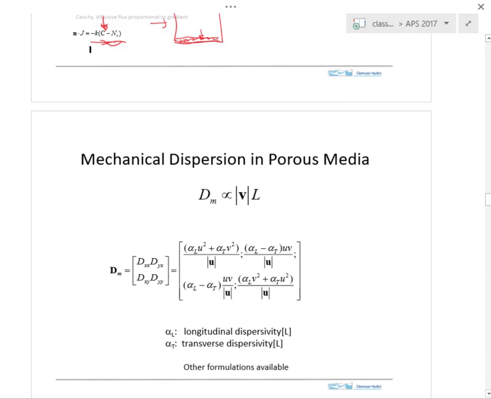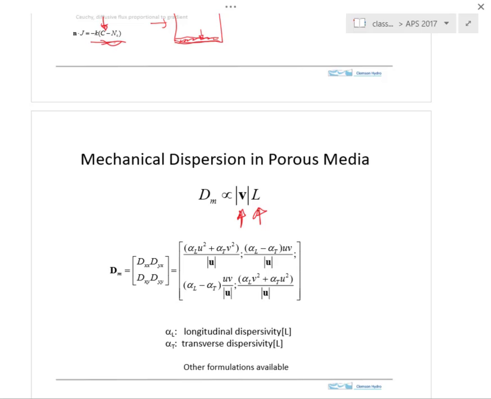Okay, so in order to set up these problems, we need to be able to specify the mechanical dispersion constant. We saw that it's going to be proportional to the velocity and some length scale. In a simple flow, we might just have uniform dispersion, but typically the dispersion is going to vary in the different directions.